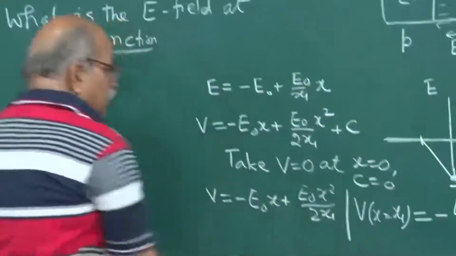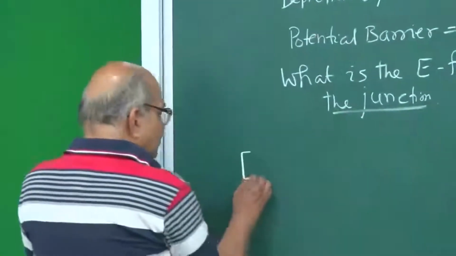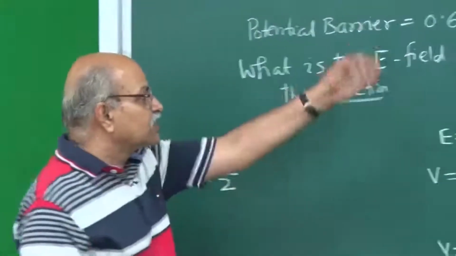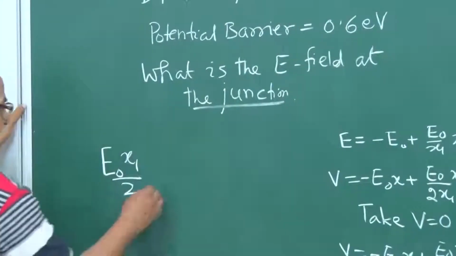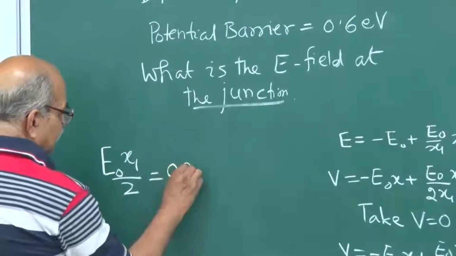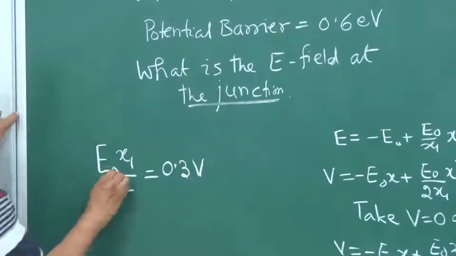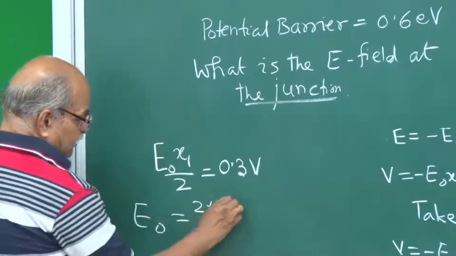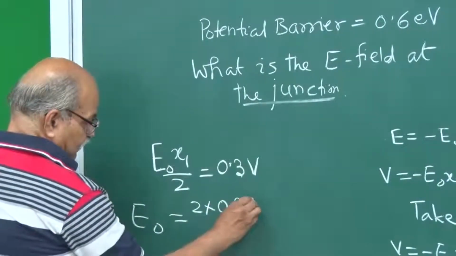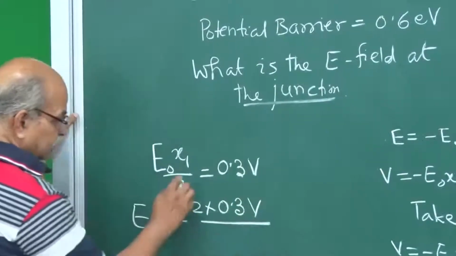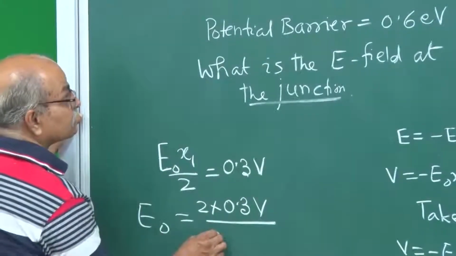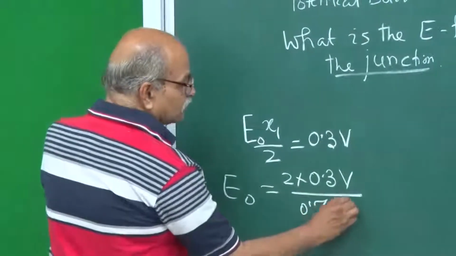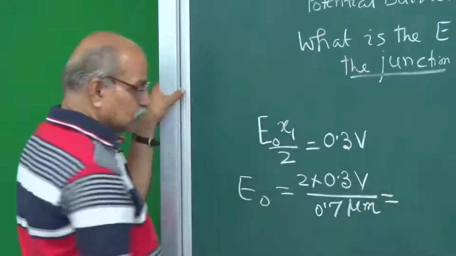So this E naught x1 by 2, this potential difference from the junction to the end of the barrier, should be 0.3 volts. And from here you can get E naught, 2 into 0.3 volts divided by x1. And how much is x1? x1 is 0.7 micrometers.